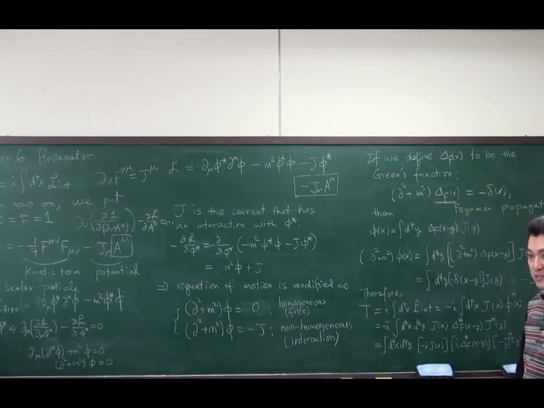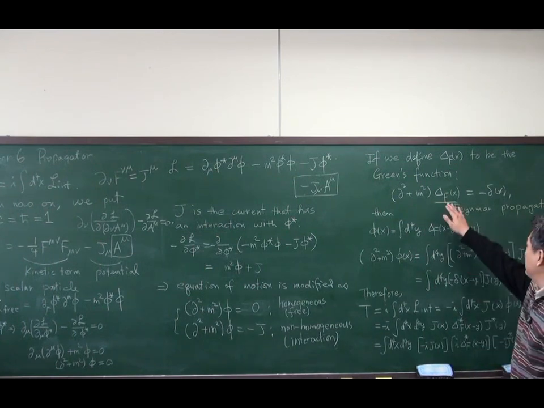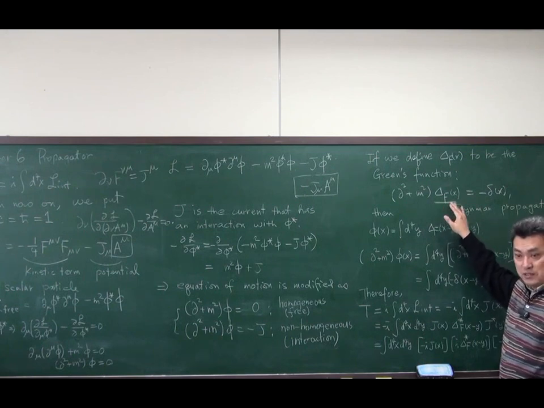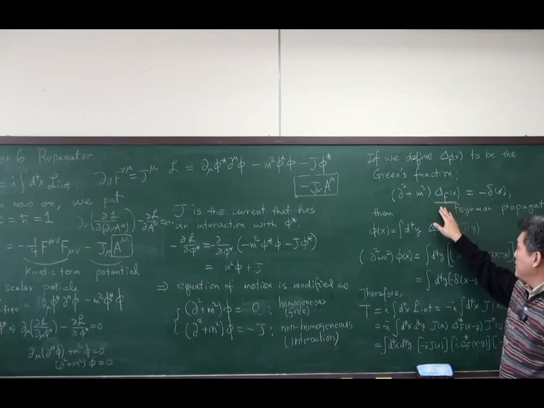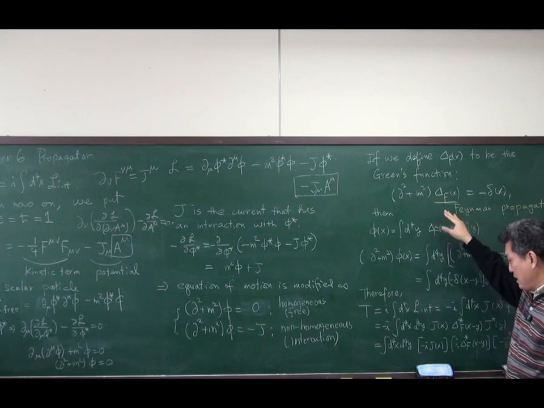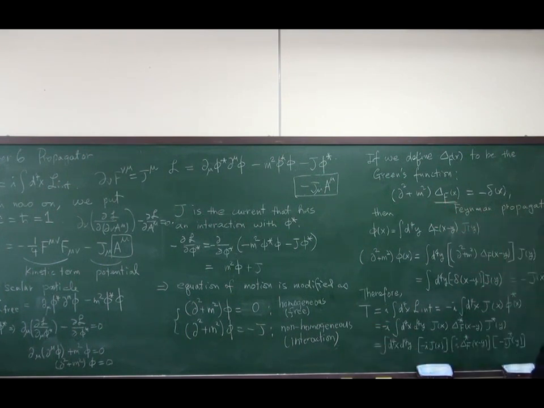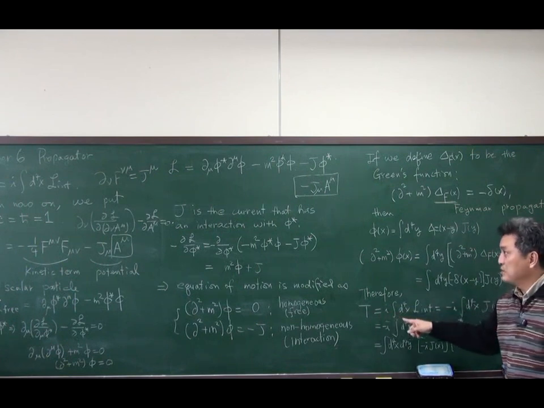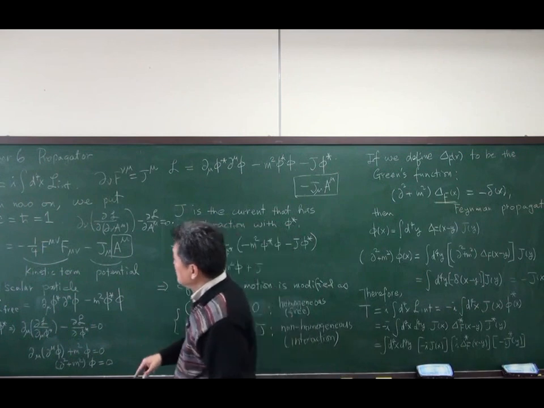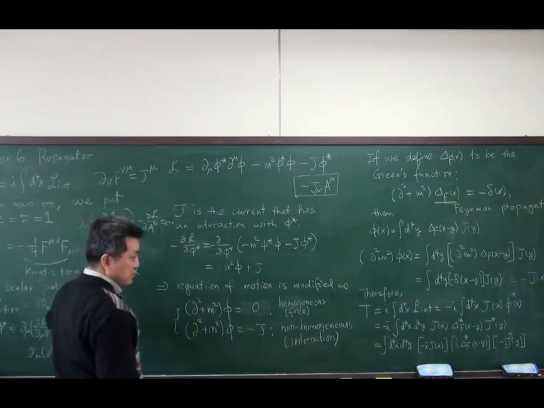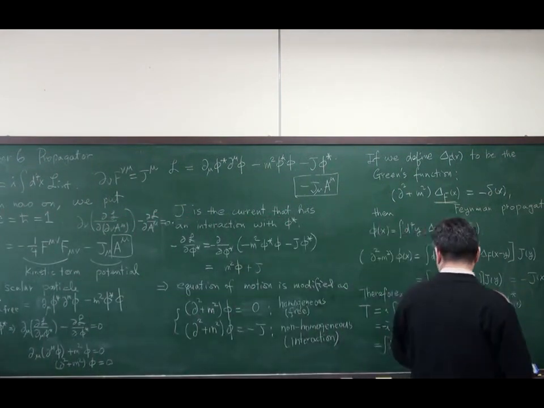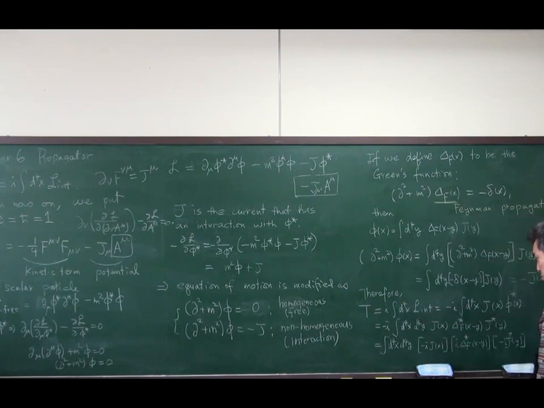Next class we will learn how to derive this Feynman propagator. But here we note that if I know the Feynman propagator, then I can compute the T matrix that has the interaction. So the T matrix was written like that: the integral over four-dimensional space of the interaction Lagrangian.